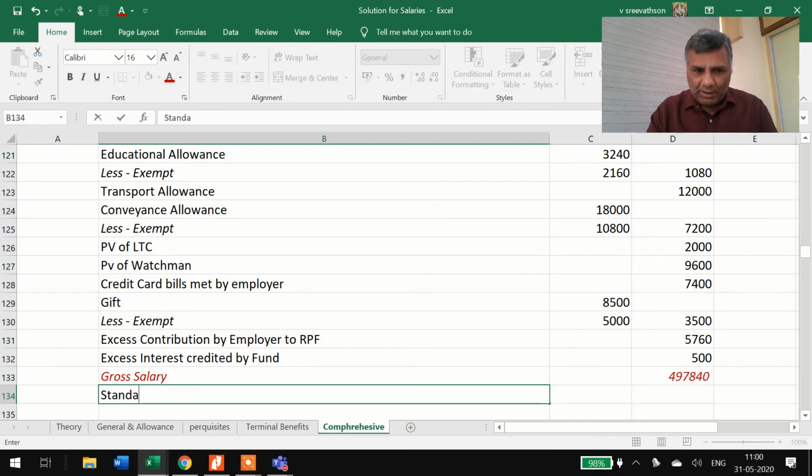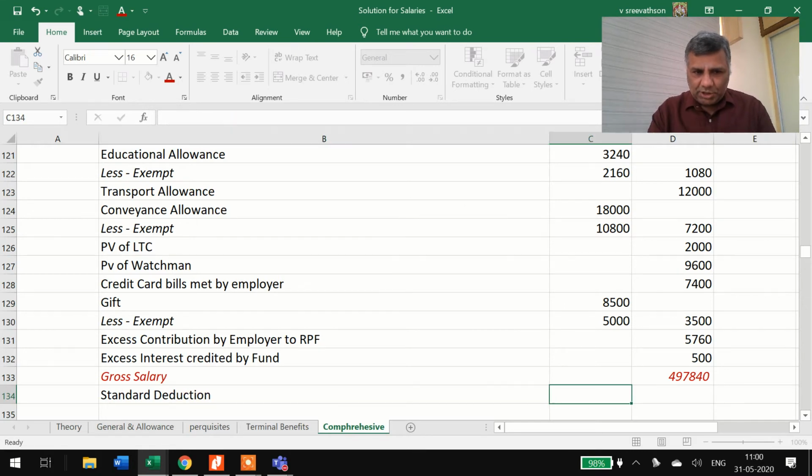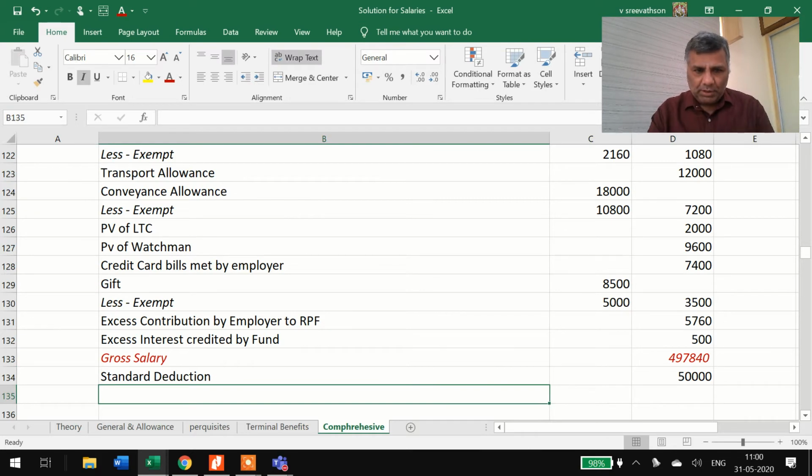Only one deduction, standard deduction. So there is no tax on employment, 50,000 net or taxable salary.